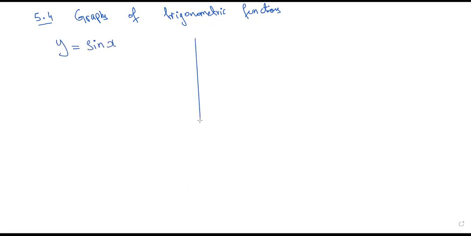Now this is my y-axis. This is the x-axis. We can go in the negative x direction as well, but we prefer staying this way. This is x. This is y. Now you can take out your calculator and we'll be using that basically. So the basic shape of sine x is a wave of this type.